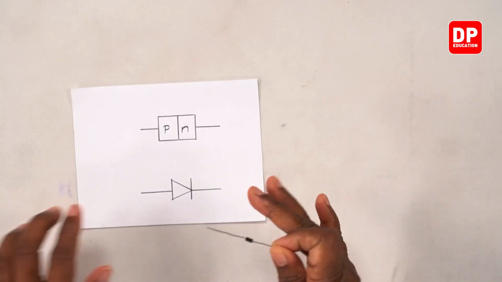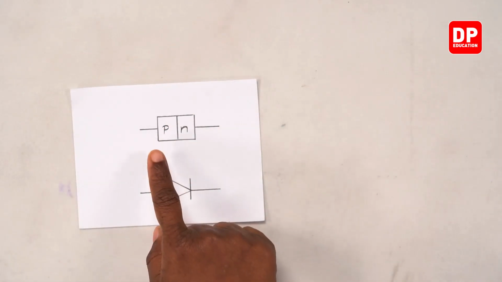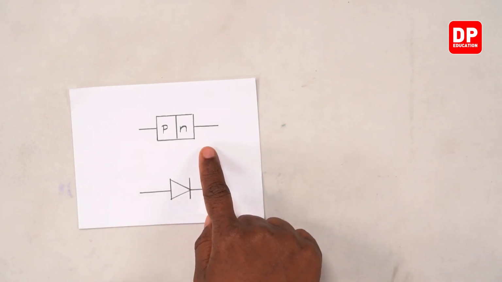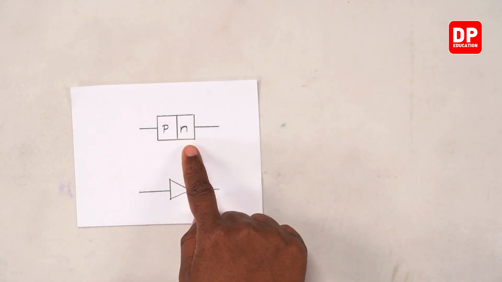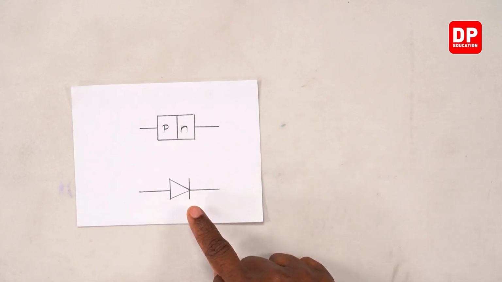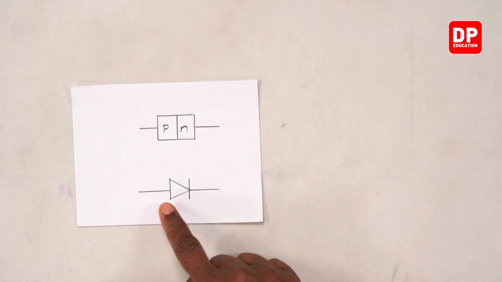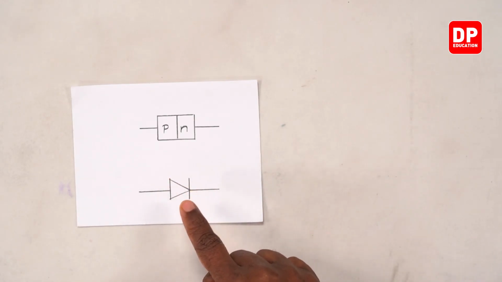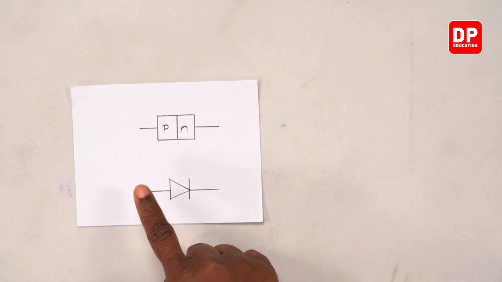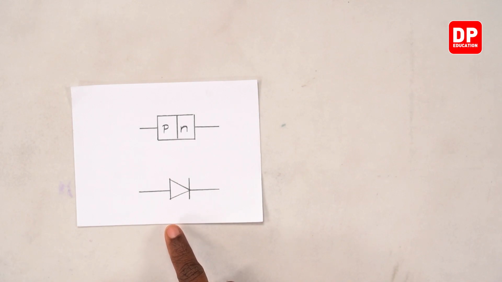Now, if I hold it for you all to understand more clearly, I have a diagram here. You all know we can use different symbols for diodes. Now, this is one symbol where the P and N junctions are denoted there. This is the same as the second symbol where we have a triangle that shows the direction, or we can take it as an arrowhead that shows the direction of the current flow.